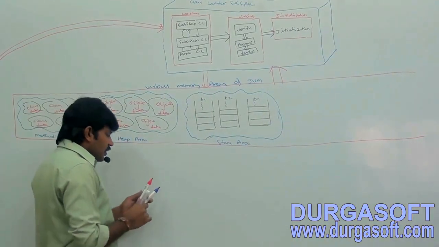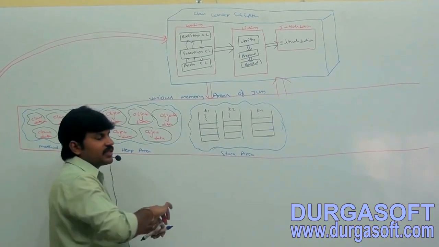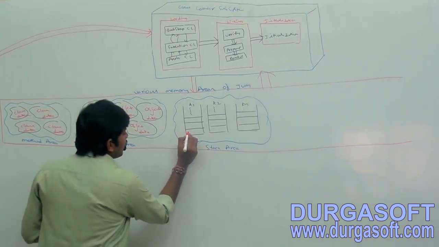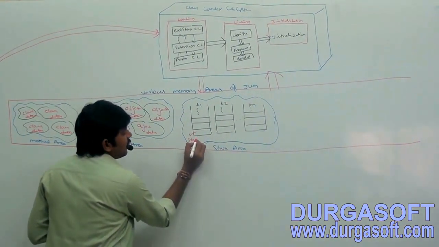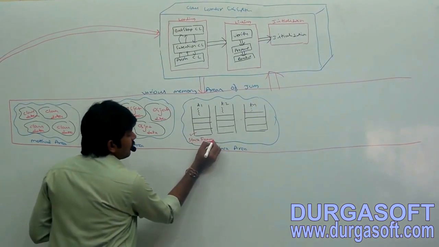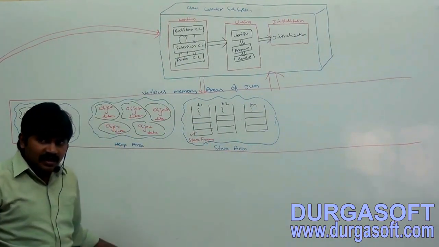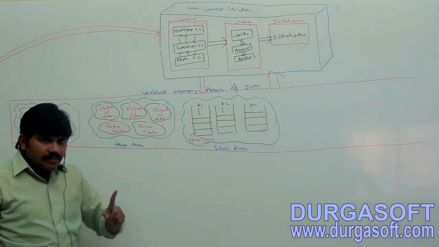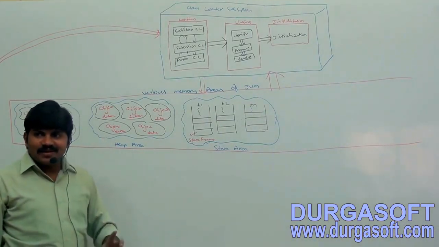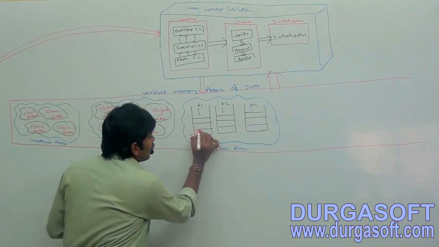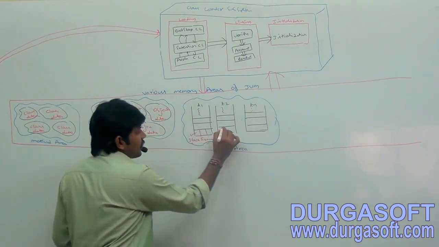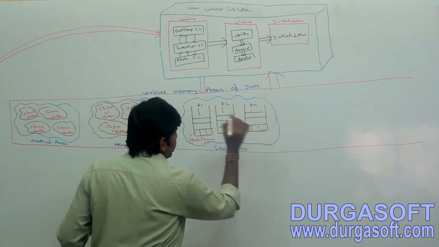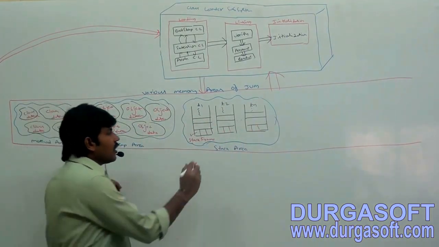Do you know, each entry in the stack is called what? Stack frame. And a stack frame contains how many parts? Three parts are there: local variable array, operand stack, and frame data. Every stack frame contains three parts.